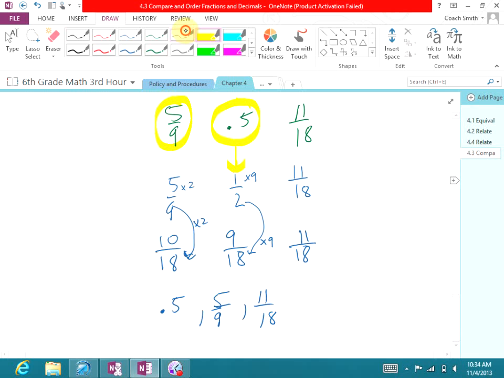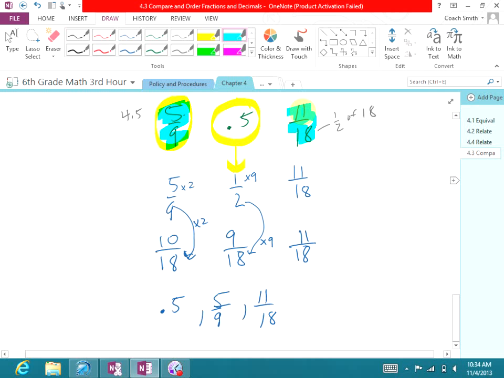So, 4.5 is half of 9. Well, is 5 more than 4.5? Then 5 over 9 has to be bigger than a half as a fraction. Okay? What is half of 18? 9. So is 11 more than 9? Okay. So both of these fractions here and here are larger than a half.